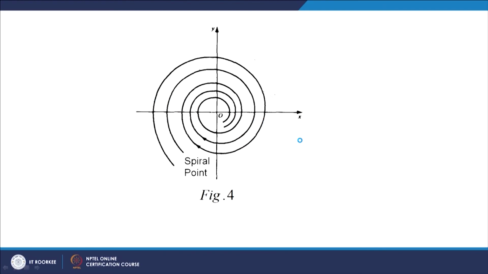So you can see here, this is the spiral, this 0 0 is a spiral point here because the paths are winding around the point 0 0.